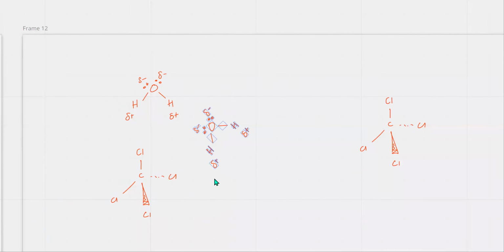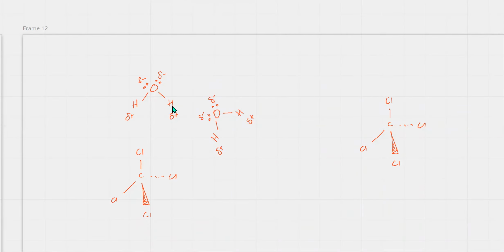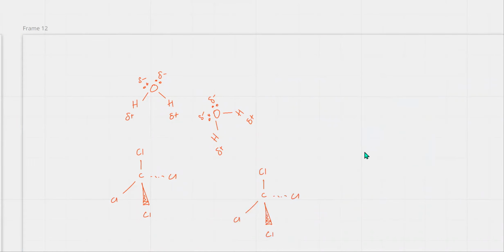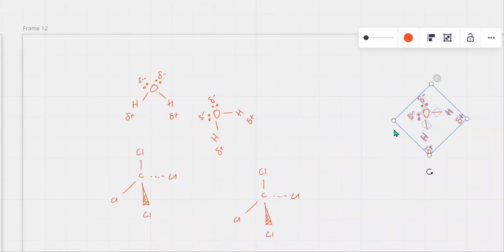So they would all come around and the lone pair of the water molecule will be attracted very strongly to the H positive of the other water molecule. So the CCl4s would be pushed away, which is why separate layers would be formed. The water molecules would all start getting together and they will not mix with CCl4 because they're not going to attract CCl4.